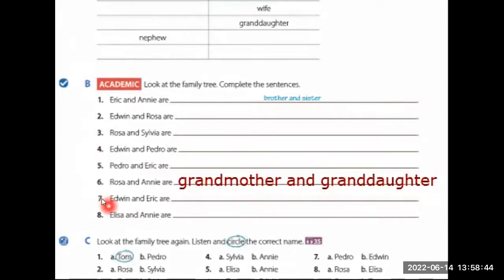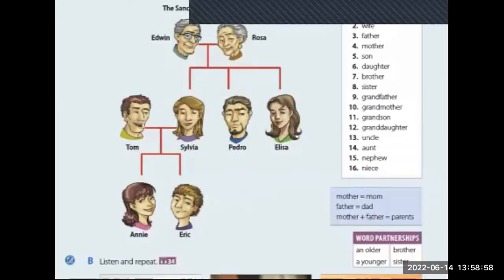Now let's look at number 7, Edwin and Eric. Edwin and Eric. Okay, find Edwin and Eric in that order. Edwin, have you found him here? And Eric down here.